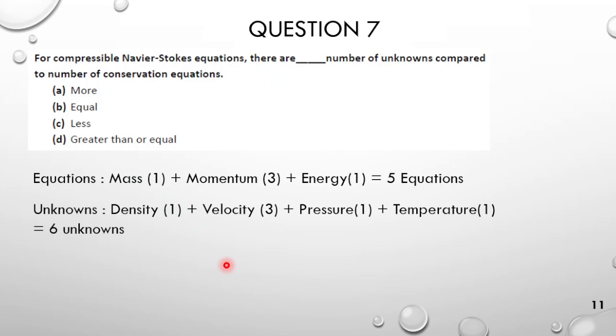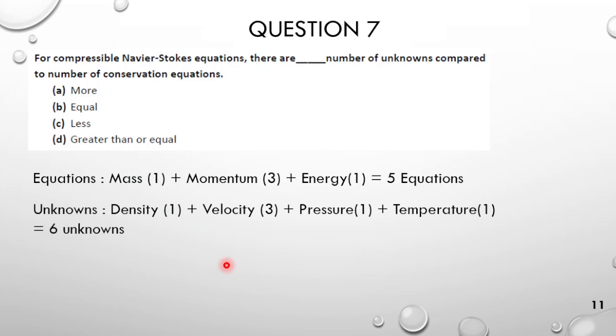But equations, you already know that you have only 5 equations. For mass, 1 equation; for momentum conservation, 3 equations; and for energy conservation, 1 equation. So totally you have 5 equations, whereas you have 6 unknowns.